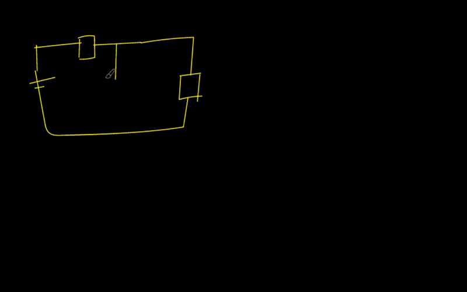Okay, so we have 4 volts over here. Then at this side we have 2 volts. We have this resistor, 1 ohm. We have another resistor, 5 ohms, and we have this one, 3 ohms over here.